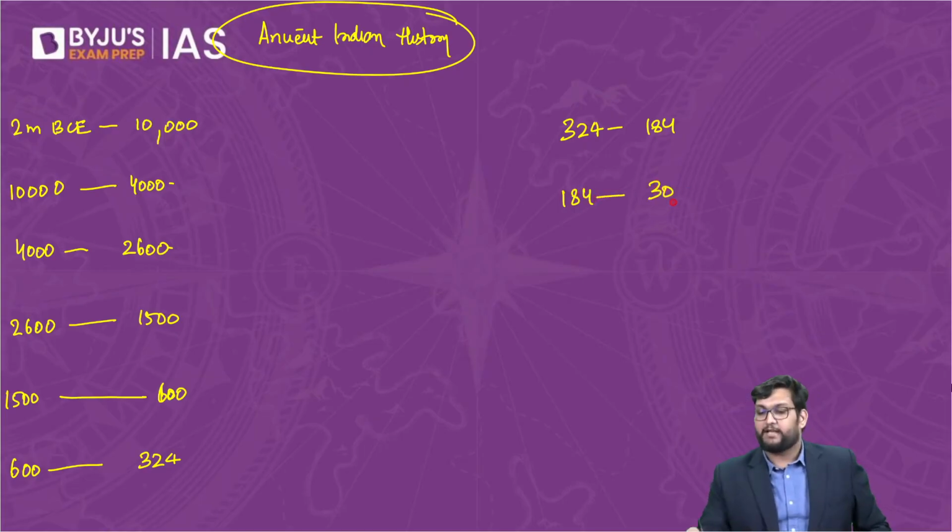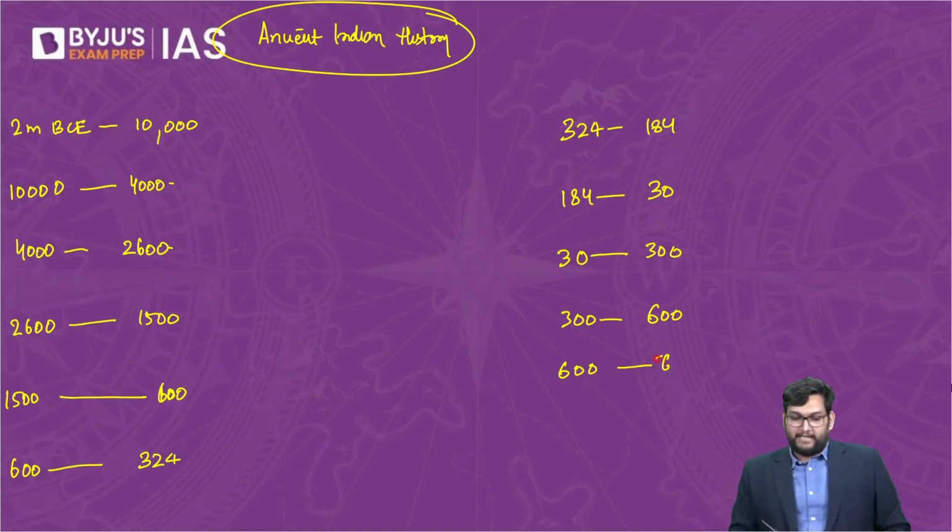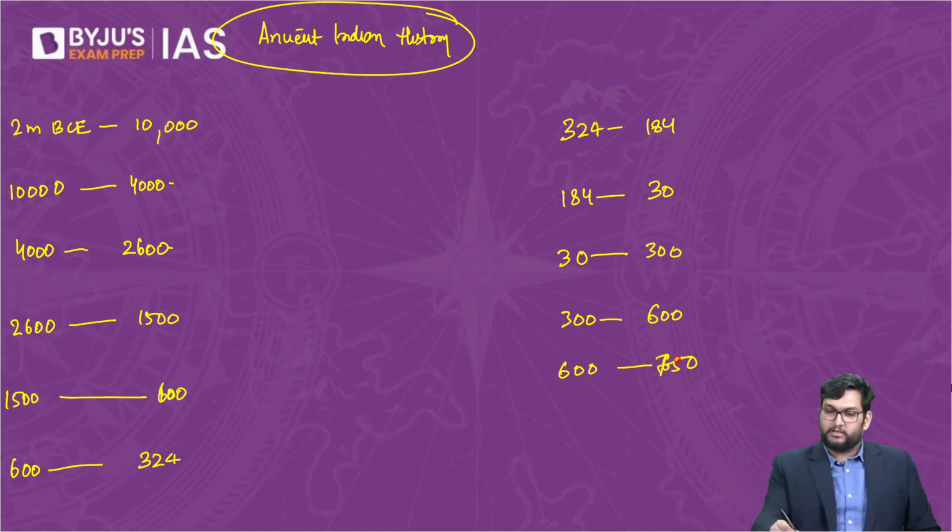Then 30 to 300. 300 to 600. 600 to 750. Now you see, this is called Paleolithic.